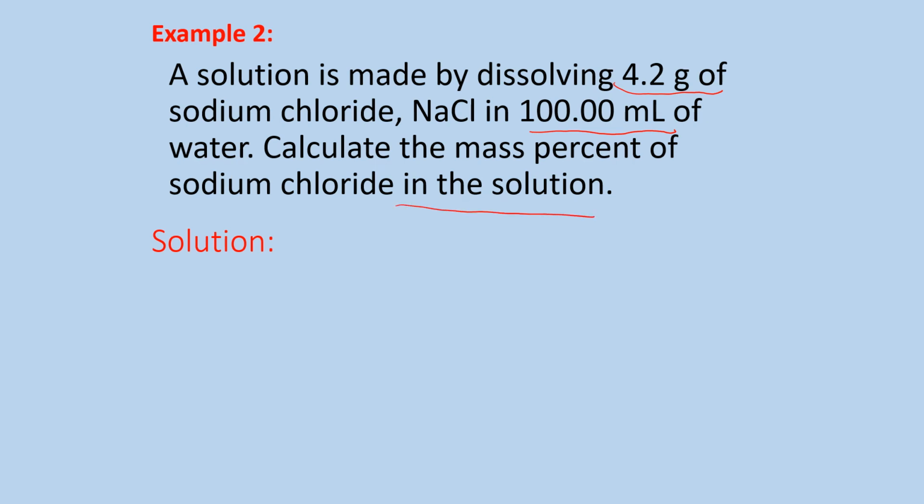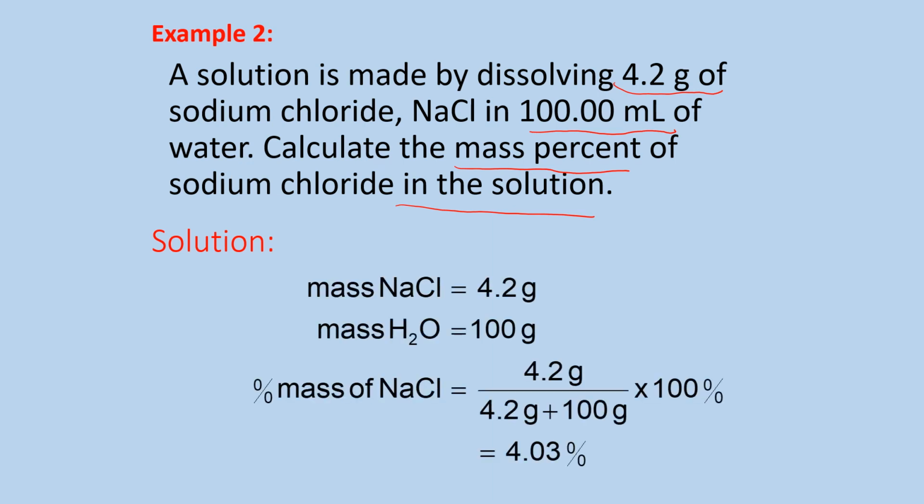Okay, find the mass percent, percent weight per weight. Mass of sodium chloride is 4.2 gram and mass of H2O is 100 gram, because you need to compare with the density, which is 1 gram per ml. So the volume of 100 ml means you have the mass of 100 gram for H2O.